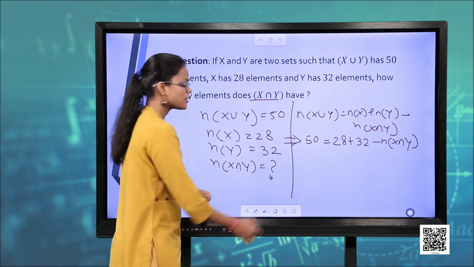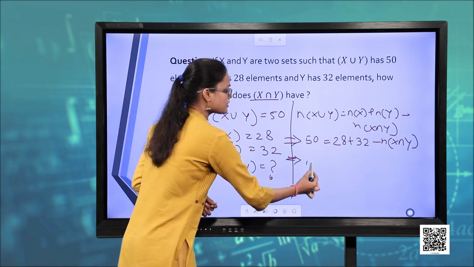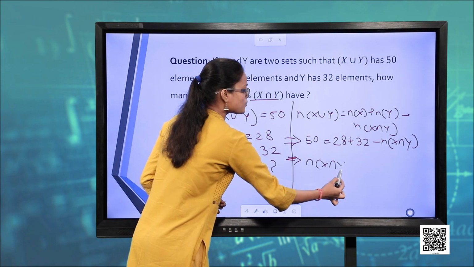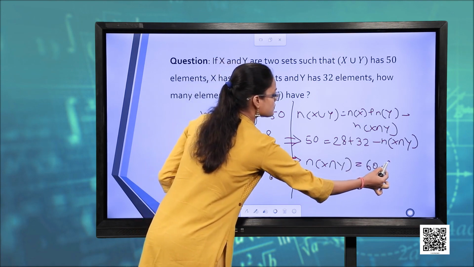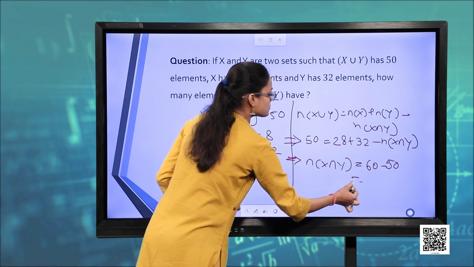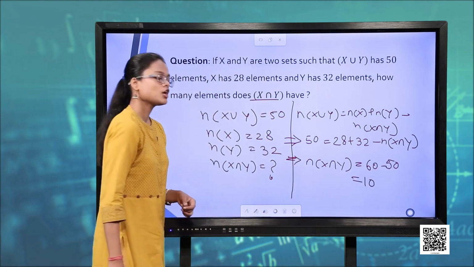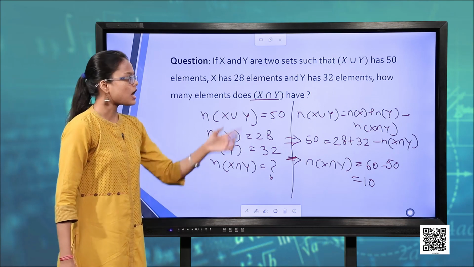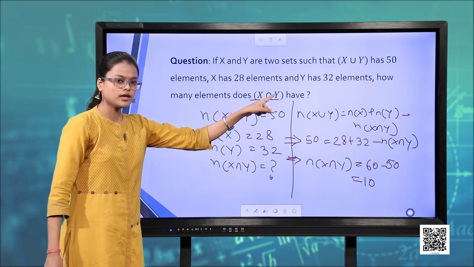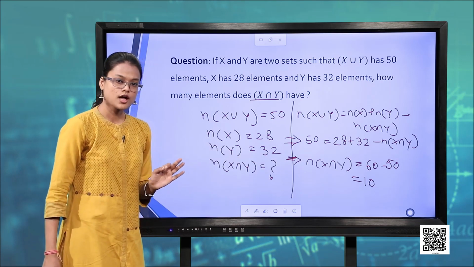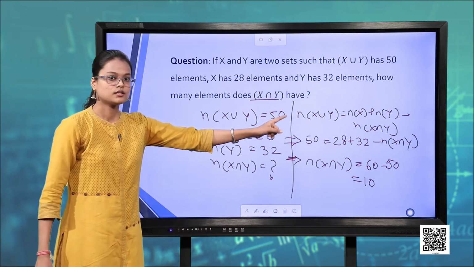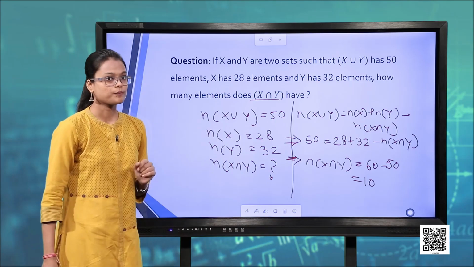On solving it, we may see that n(X intersection Y) is coming out to be 60 minus 50, which is equal to 10. So, how many elements are common in X and Y? 10 elements. Hope you have understood how you have to use that particular formula.